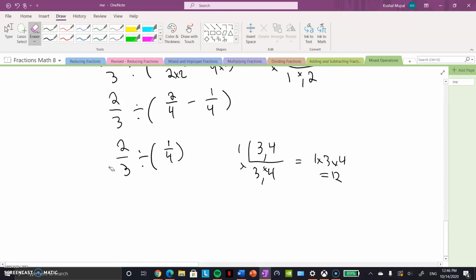Oops, sorry. You're going to multiply this by 4, then this by 3, this by 3. So you have the denominator of 12, so this becomes 8 over 12 divided by 3 over 12, which is 8 over 3. Okay, that's both methods, and that's mixed operations.